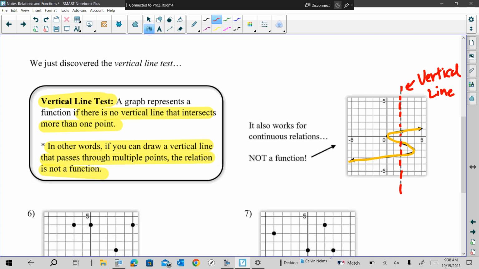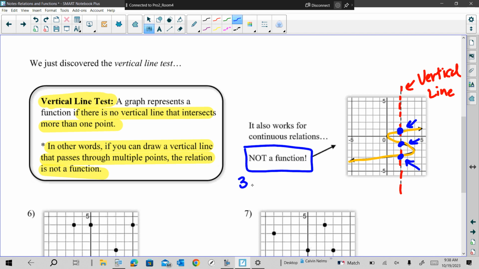Yeah, okay, let's put a point where they touch. I'm going to make it a blue point. It touches here, it touches here, and it touches there. It intersects 3 times. I'm just drawing an arrow pointing at those intersections. Because it touches 3 times, this is not a function.